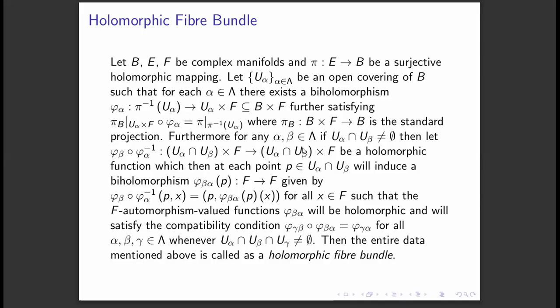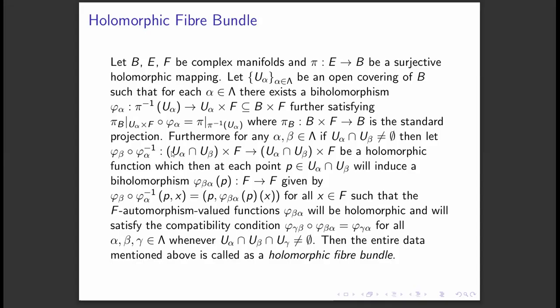One more thing is regarding the transition map. If we take any alpha and beta such that U alpha intersection U beta is non-empty, then phi beta composed with phi alpha inverse is our transition map. This transition map is required to be holomorphic. Note that in the smooth category, the local trivializations as well as the transition maps were required to be just smooth.